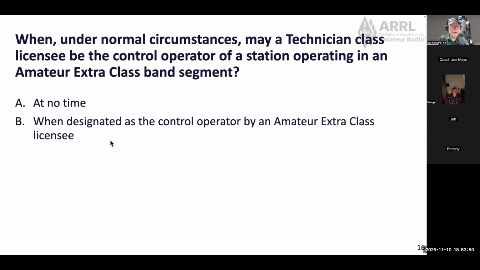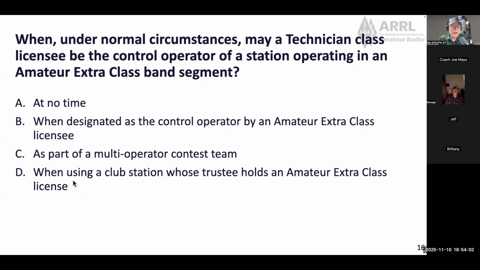A, at no time. B, when designated as a control operator by an amateur extra class licensee. C, as part of a multiple operator contest team. D, when using a club station whose trustee holds an extra class license.